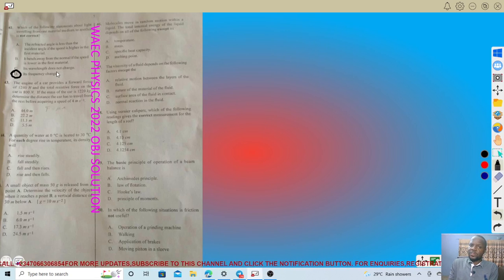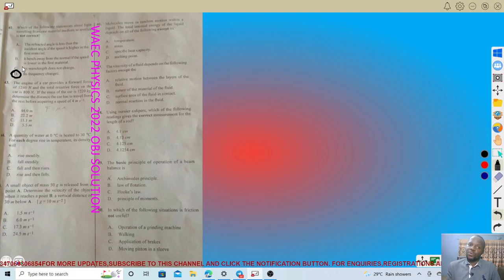The wavelength does not change. Yeah, the wavelength of a light ray traveling from one material medium to another can change, but it can also be maintained at the same value. Please note that the speed changes, but the frequency does not change.